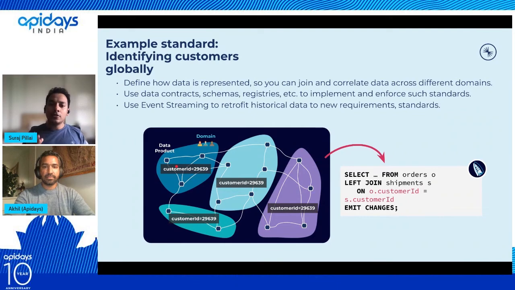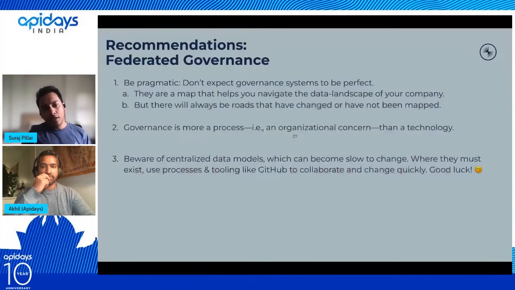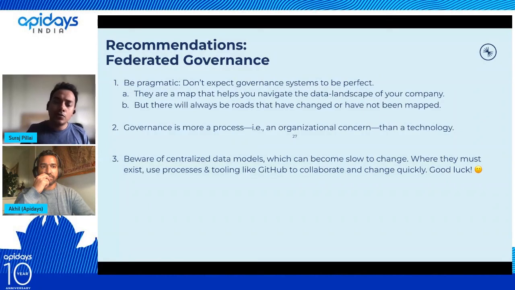That customer ID attribute should also mean the same thing in some other domain. Otherwise, you will not be able to correlate that data. So that is why we say there has to be some kind of centralized governance, although minimal, on top of your decentralized approach. This is more of a recommendation on how you want to go about your federated governance. It's more of an organizational concern than a technological concern, and it would depend on how you want to go about it.